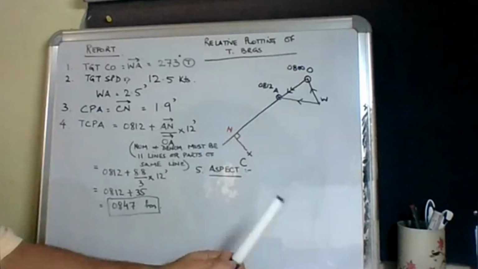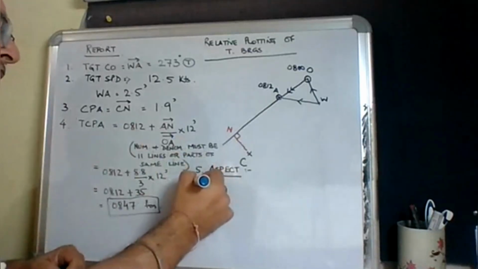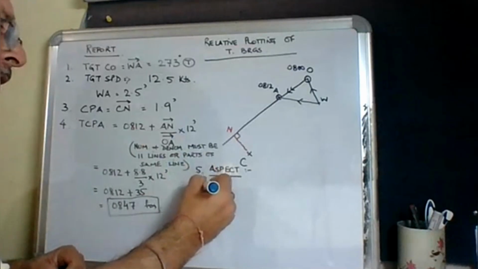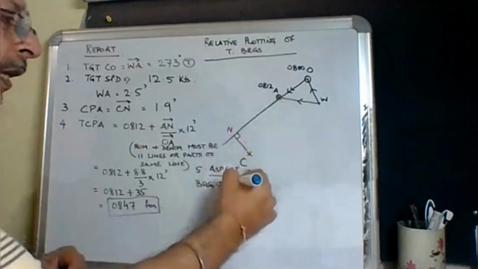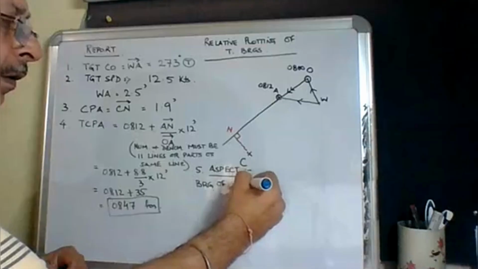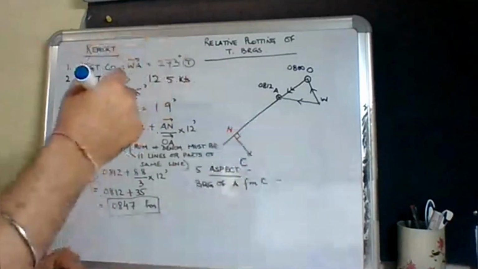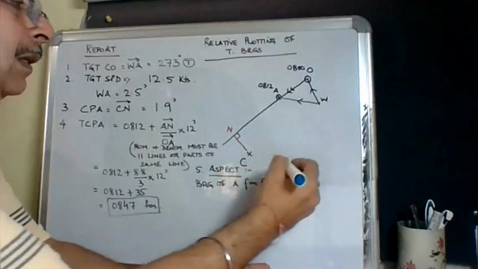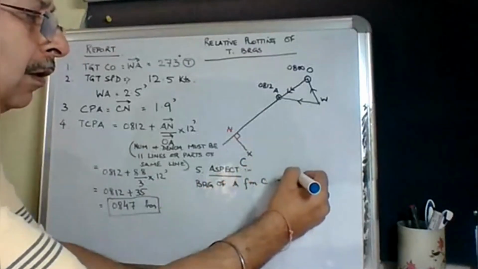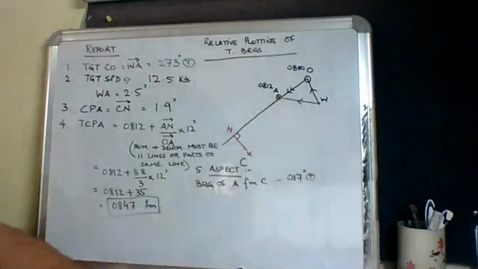How do we calculate it? So first is bearing of A from Charlie. That is, bearing of A from Charlie is the last reported bearing. That is 017.